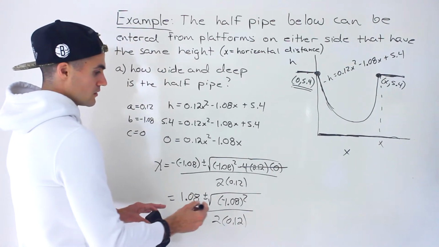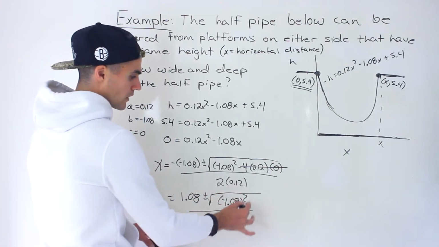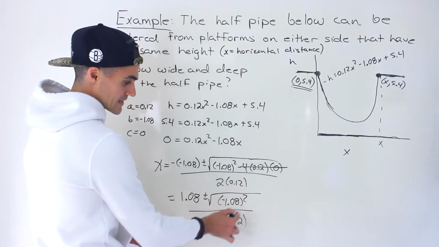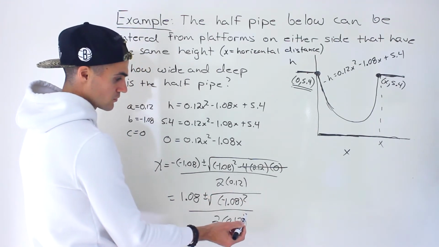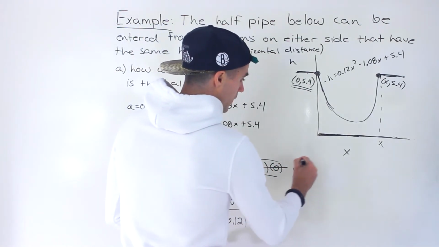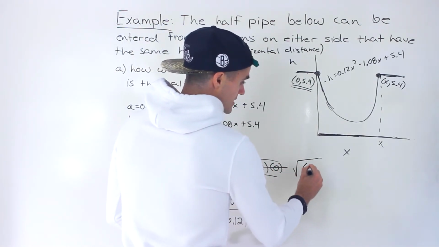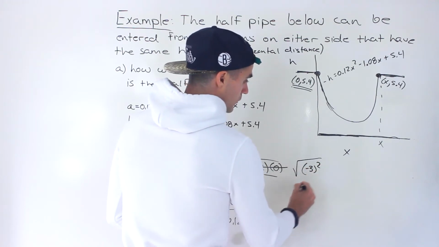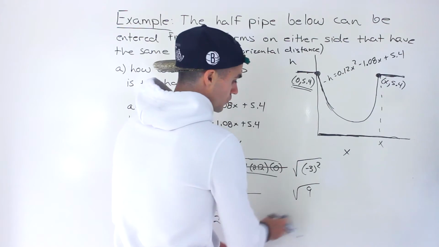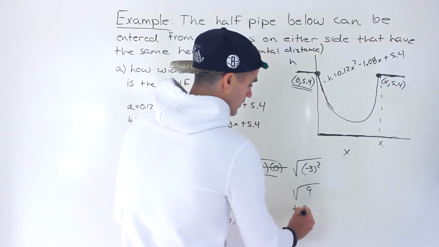If we take something, square it, we'll have a positive value, and then the square root of that is going to be that same value. Like if we took the square root of negative 3 squared, that would be the square root of 9, which would be plus or minus 3, right?